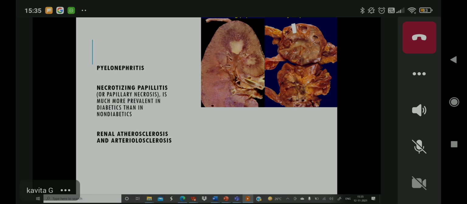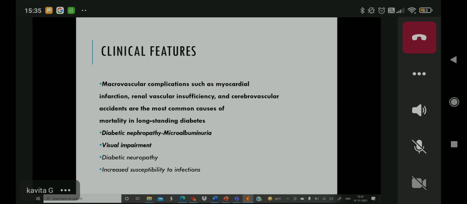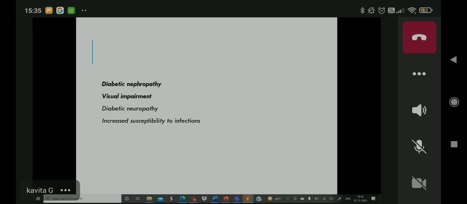The vascular supply is compromised. So you have MI, you can have stroke, you can have renal vascular insufficiency, nephropathy, neuropathy, visual impairment, increased susceptibility to infection. So these are all of the complications that can happen in diabetes, right?